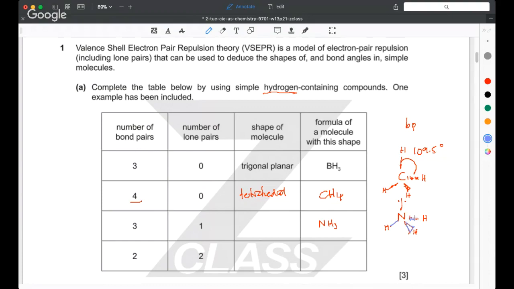All right? So you're just looking at those 3 pairs. And you've got there actually a pyramid shape with a triangular base. So that's trigonal pyramidal is the shape here.